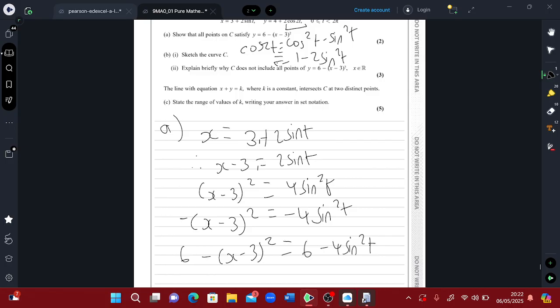Okay. So therefore, 2 sine squared t is going to be equal to, if we rearrange, 1 minus cos 2t. Make sure that's clear.